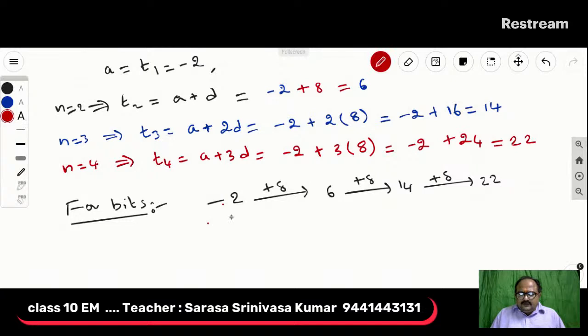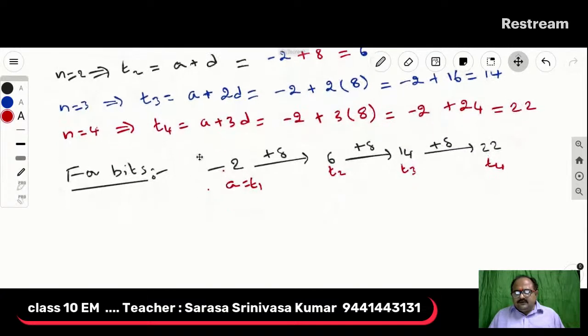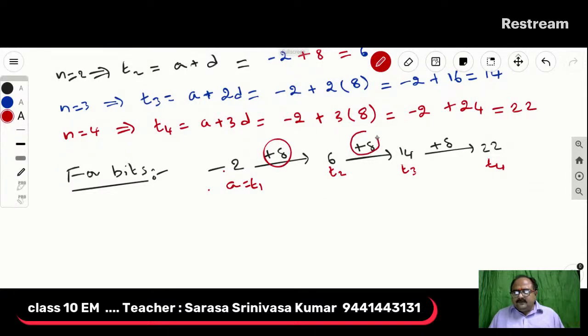So this is a equal to T1, this is T2, T3, T4. This is how we can answer for bit paper. In bit paper, we can write in this way without using the formula. We can simply add the common difference: plus 8, plus 8, plus 8. Here the difference is 8.